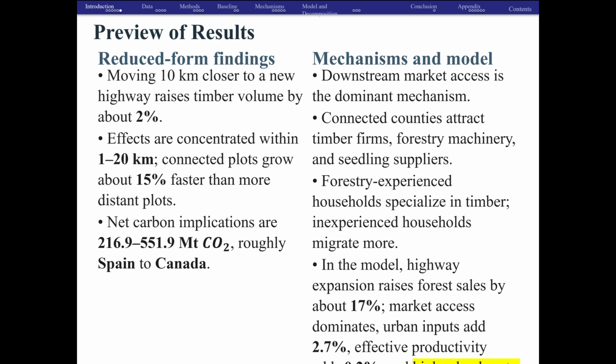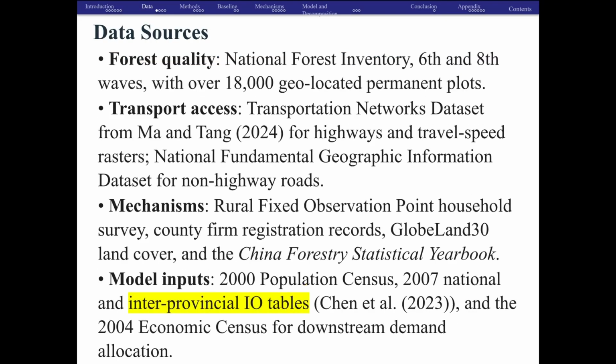So basically, they absorb the total carbon emission of Spain in 2000, but by 2010, they can take all the Canadian emission away. And we did some mechanism analysis and heterogeneity analysis along the way.